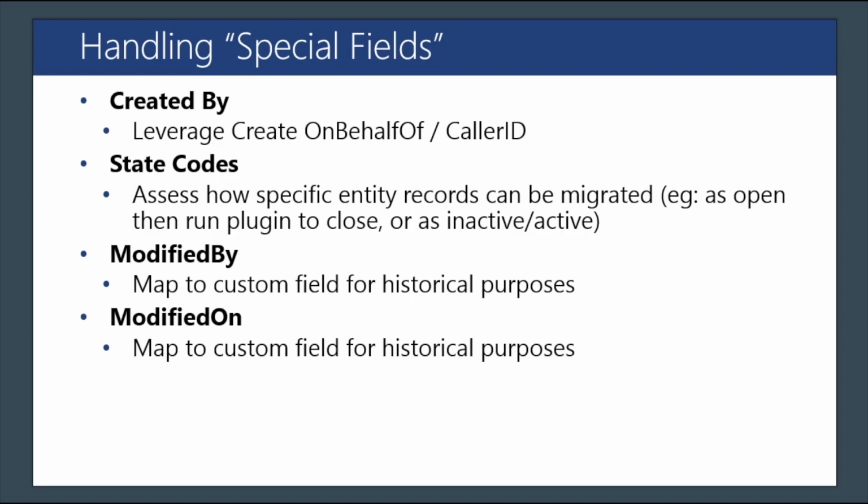And then there are a few, or at least a couple of fields, modified by and modified on, that we can't really, at the moment, support to migrate. Our recommendation is to create a couple of custom fields next to those if you need data in those fields from the original system, and migrate data from the source of those fields to these new custom fields you've created.